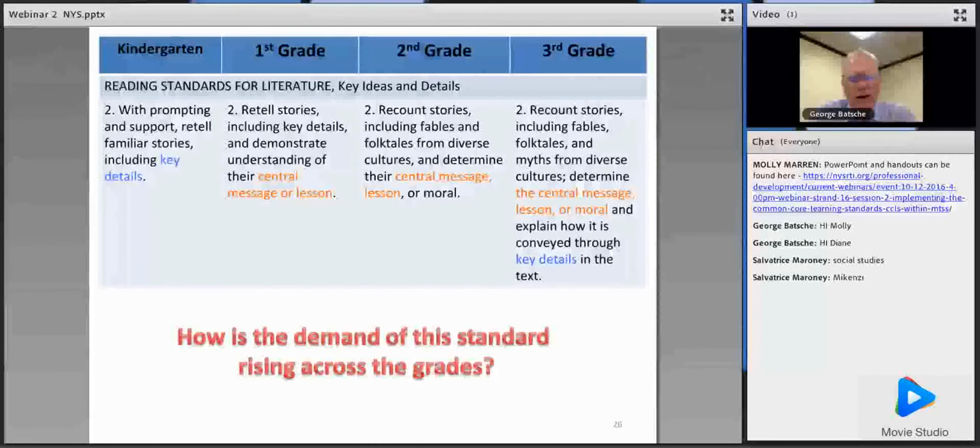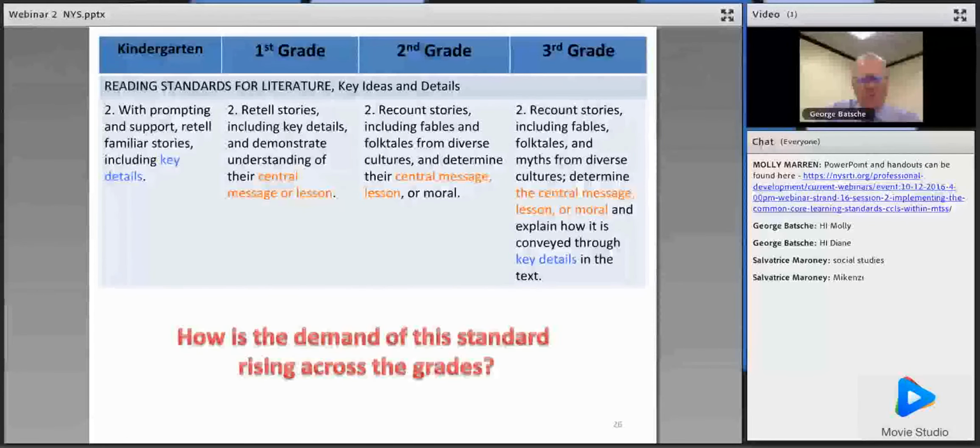So we have to be sure that when we're working on comprehension, either the kids are familiar with the stories from school, or they are familiar with the stories from home or their cultural background. In other words, we have to teach the familiar stories before we start expecting kids to pull key details. Otherwise, background knowledge or lack of it is going to be the limiting factor.